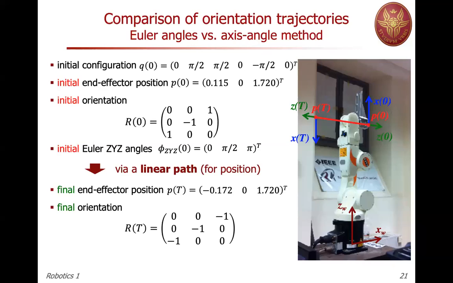Again, from this final orientation, we can extract a set of ZYZ angles. And if we plan the orientational motion with respect to this type of representation, we should move the first angle of this representation from 0 to minus pi. The second angle should not move at all, because pi over 2 should go to pi over 2. And the third angle should move from pi to 0. Okay? So this is the setup of the experiment.